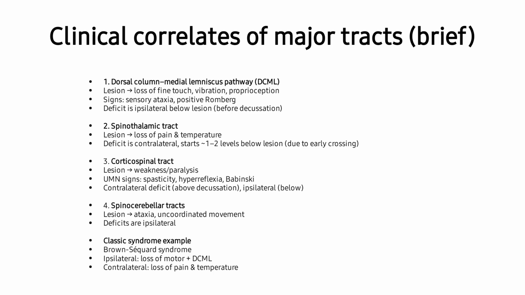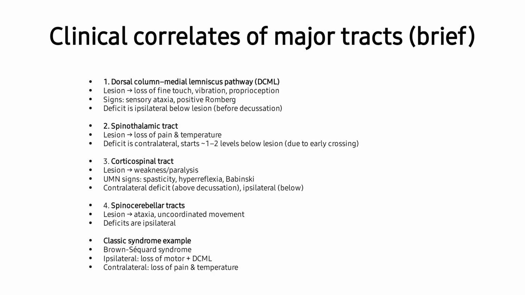Loss of those modalities that we mentioned, that is fine touch, vibration, and proprioception. So loss of those particular modalities, they tell you what is involved. Remember, the moment you just mention modalities, just know that you're dealing with sensory. If there is disturbance in movement, posture, tone, and all those things, just know that you're dealing with descending.